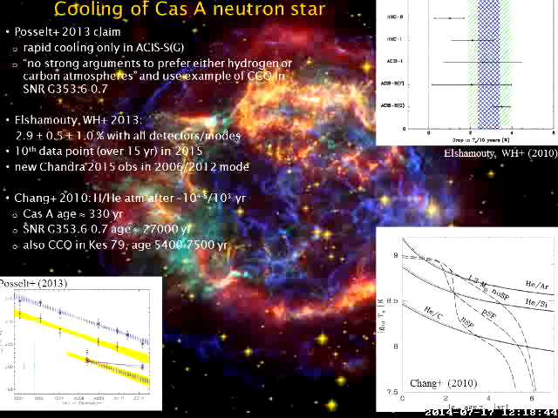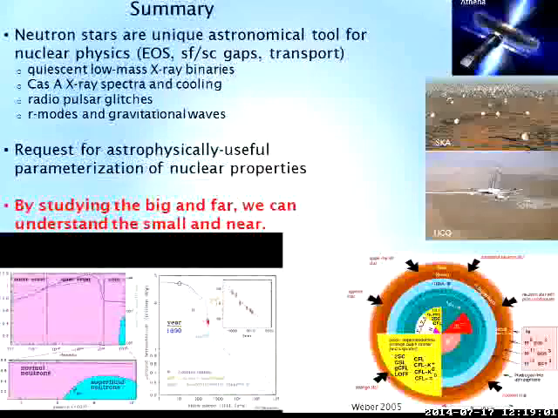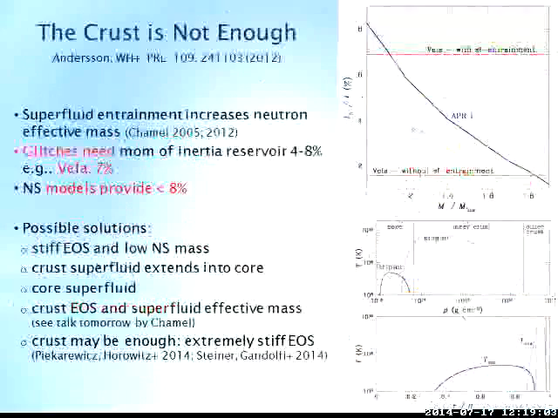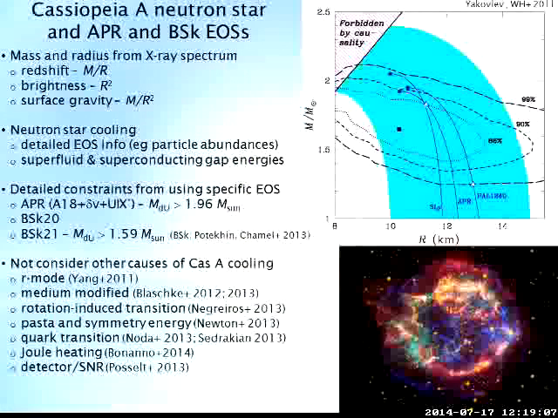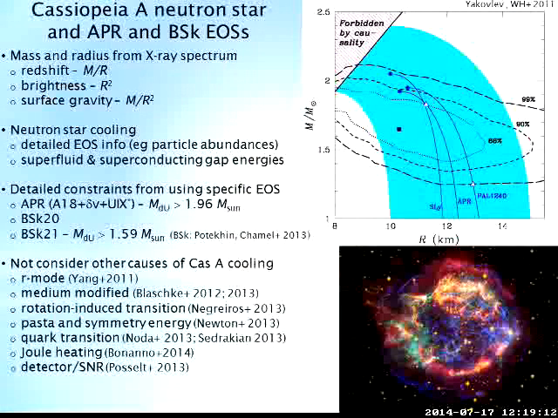On what time scale do you need to observe to exclude other explanations for this? How predictive is this model? I think there are other explanations for the cooling, and Armin's got one here.